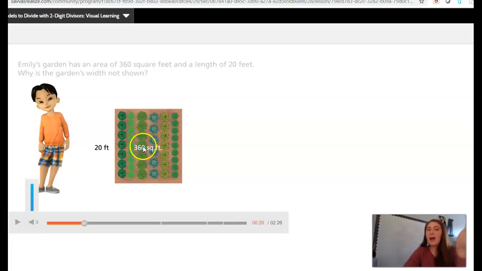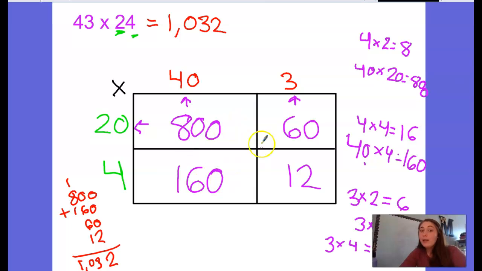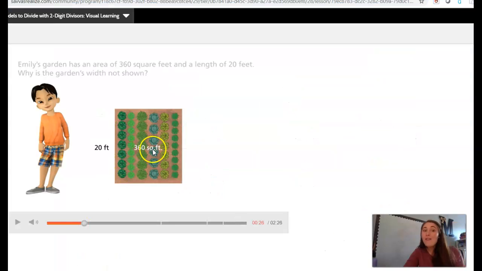So notice it's a little bit different. In the area model that we saw here, we were finding what's on the inside, right? We were finding the total number we had. But that's a little bit different for this one. We're given the total.